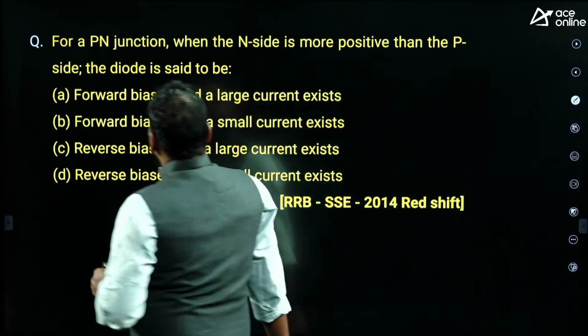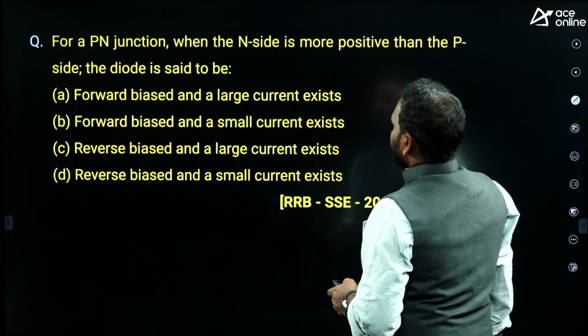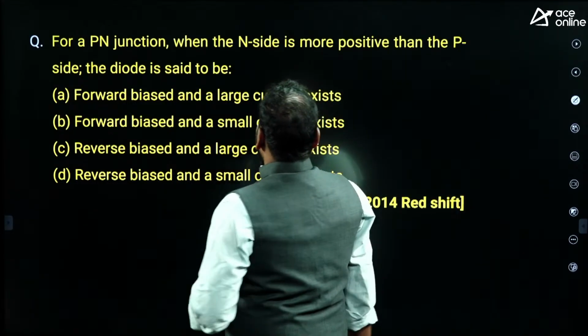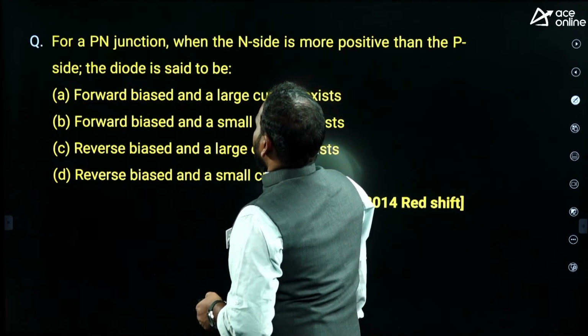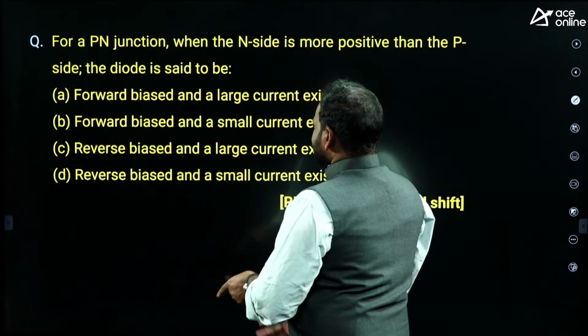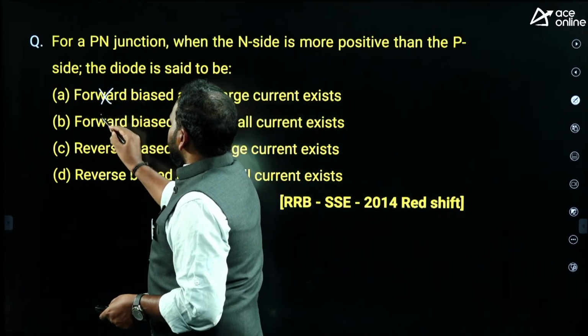Good question here, because we should have clarity in the syllabus. For a PN junction diode, when the N side is more positive than the P side, the N side should be more negative, so it is reverse bias. So forward bias is wrong.